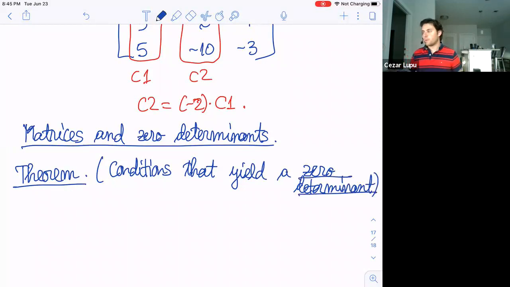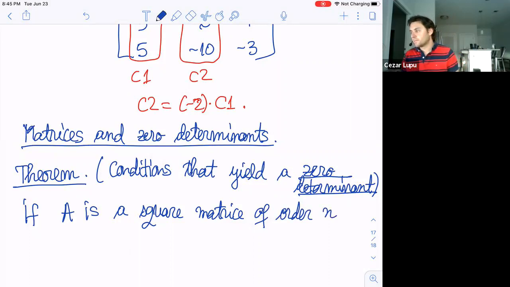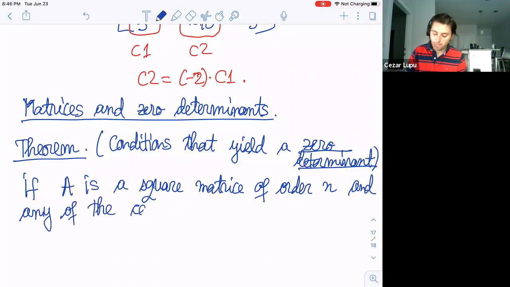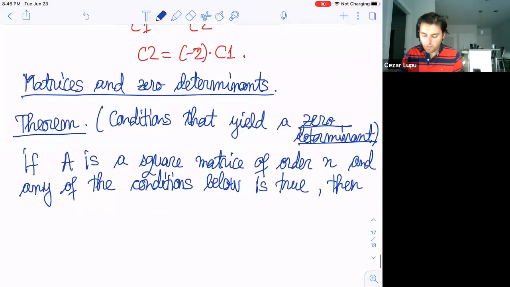This is very important. If A is a square matrix of order n, let's say, and any of the conditions below is true, then the determinant of A is 0.